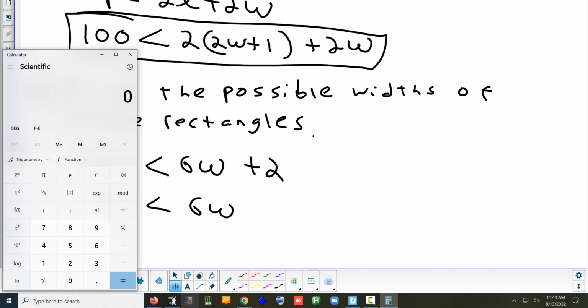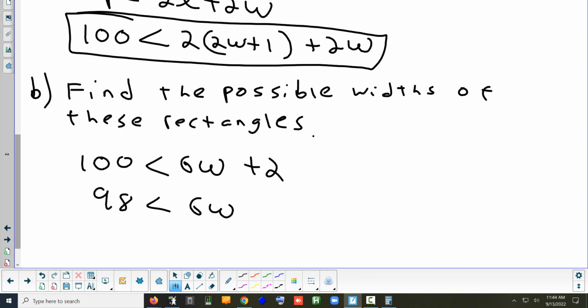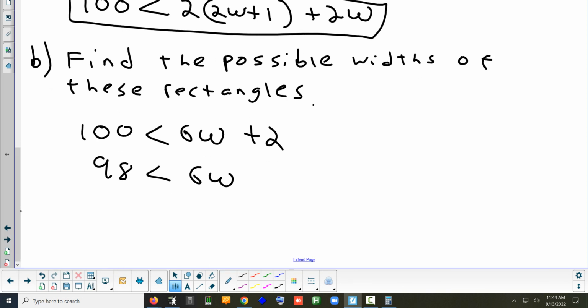That doesn't go in evenly, which is possible. But the width has to be less than 16 1/3. Oh, no, sorry, greater than 16 1/3.